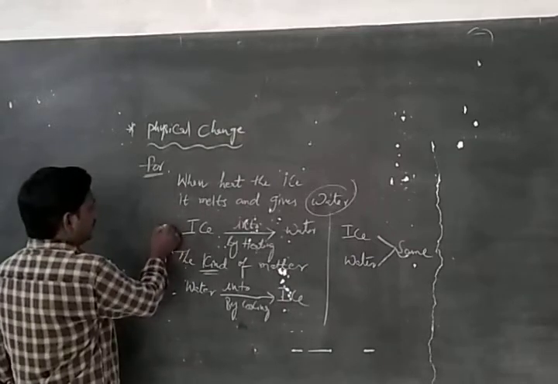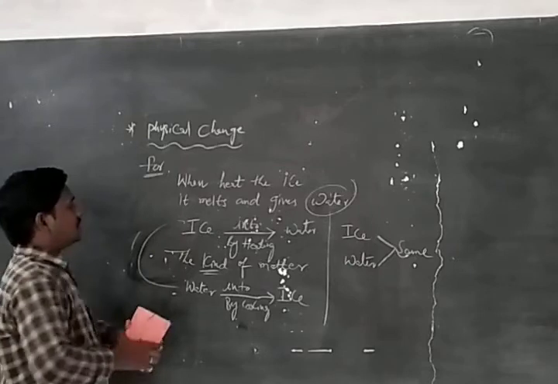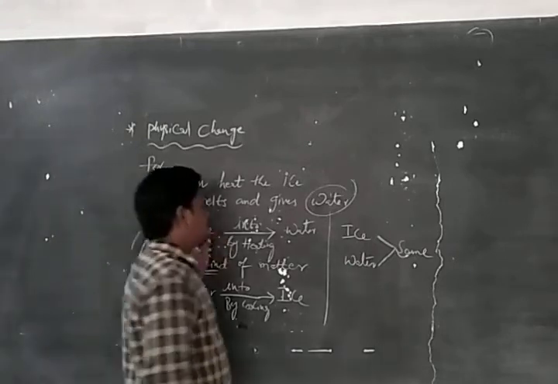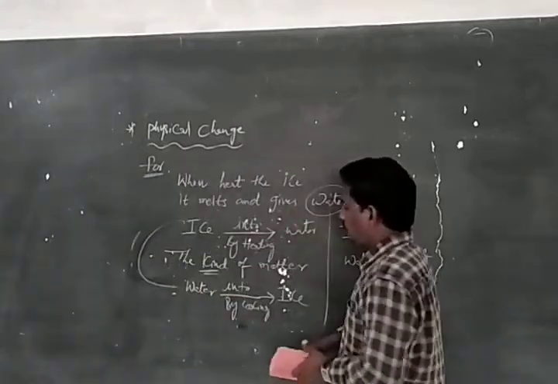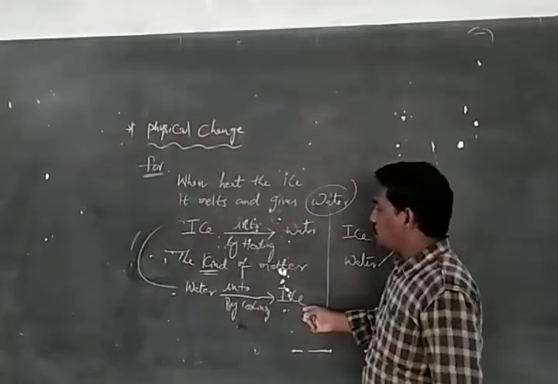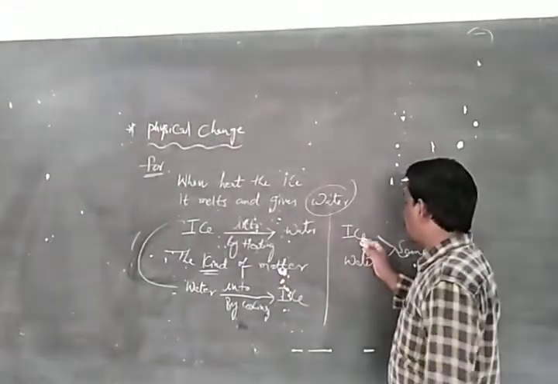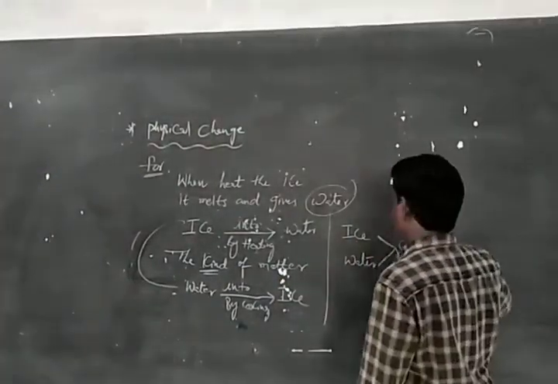This is the first process, this is the second process. So when you heat up the ice, it turns into water. By the cooling effect, the water turns into ice. So here, the kind of matter in water and ice are the same.